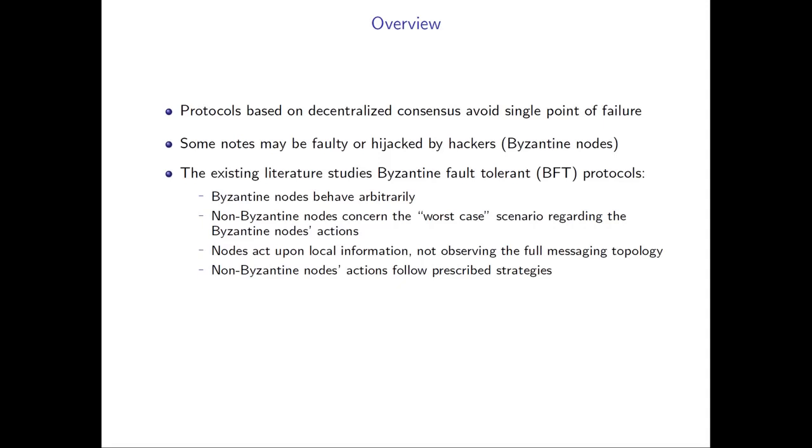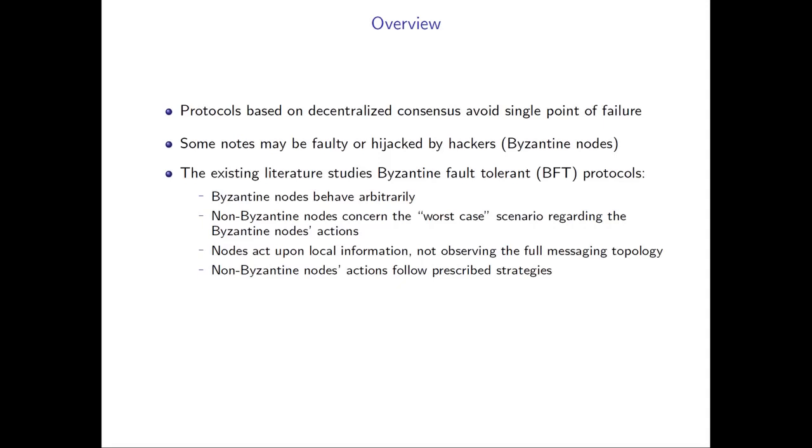And the third feature is that the nodes always act upon local information. They are not able to observe the full topology of messaging. Basically, they do not observe how people send messages to other people and what is the nature of the message. And the last but not least, very importantly, the existing studies typically model non-Byzantine nodes' actions as following some prescribed strategies.